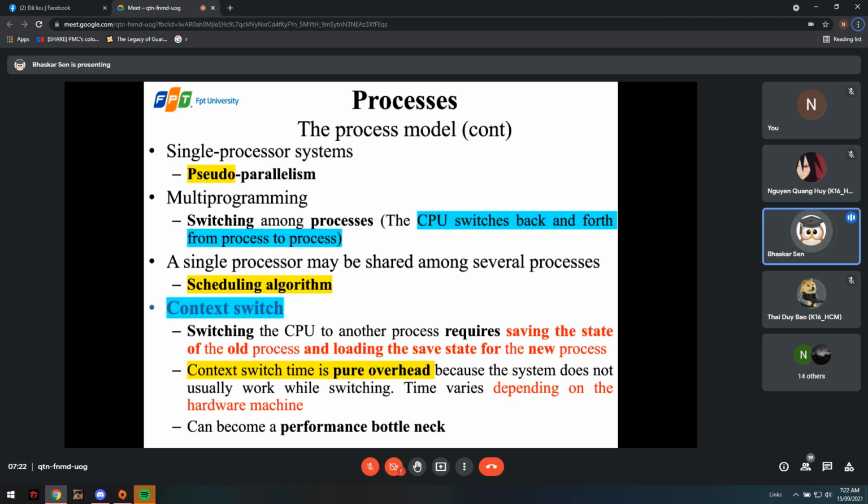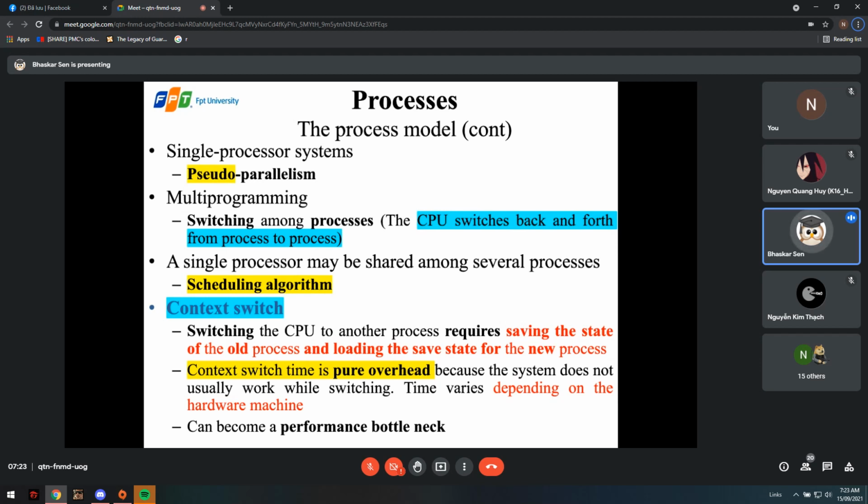Number two, towards the end of the switching process, the OS must reload the previously saved values of process 2, that means the process that is going to run on the CPU, into the CPU registers, and only after that can the CPU start execution.